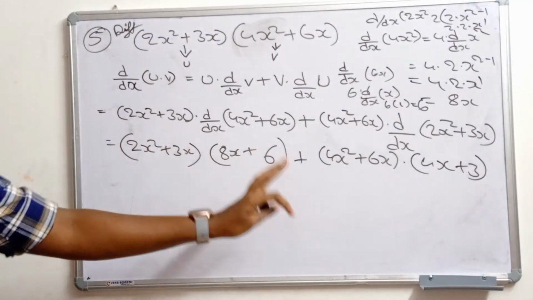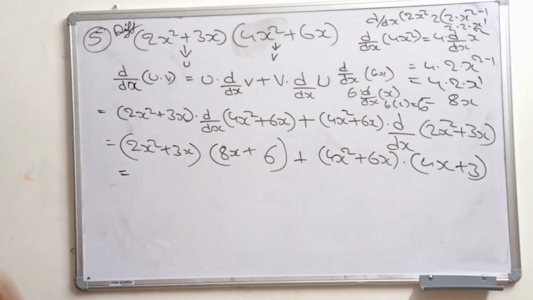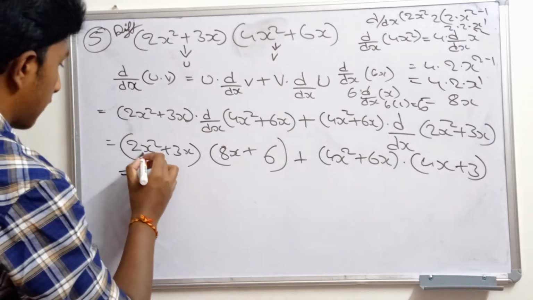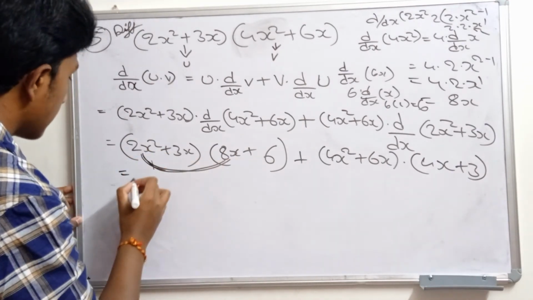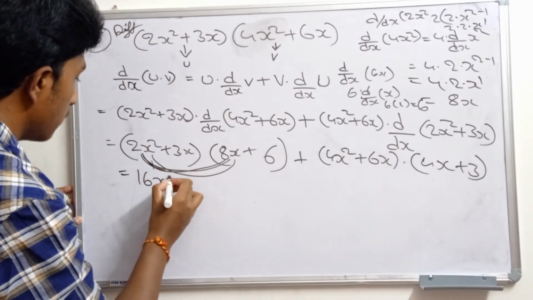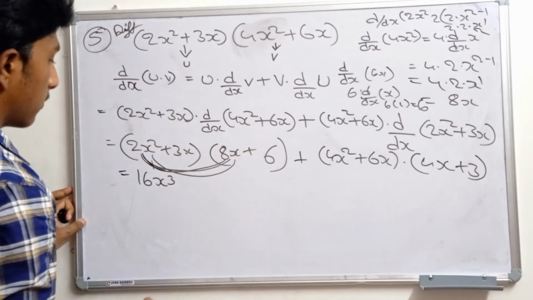So now just multiply the terms. First we'll go with this 2x square, and I'll be multiplying this term with this. 2 8s are 16. x square into x means x cube.